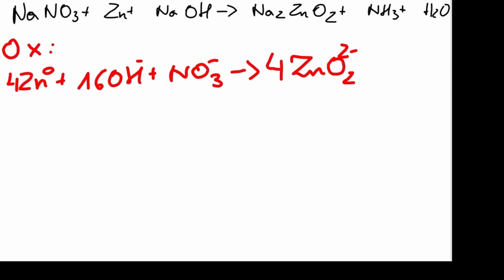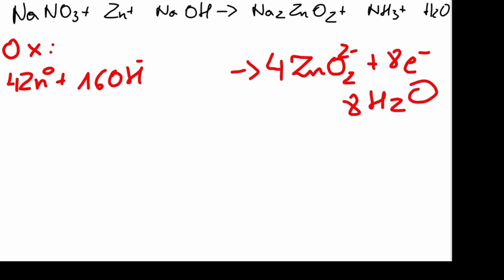We have also 8 particles of water, yes, 8 particles of water, and of course 8 electrons, yes. Here it's not overall reaction, so here we don't have a nitrate anion.